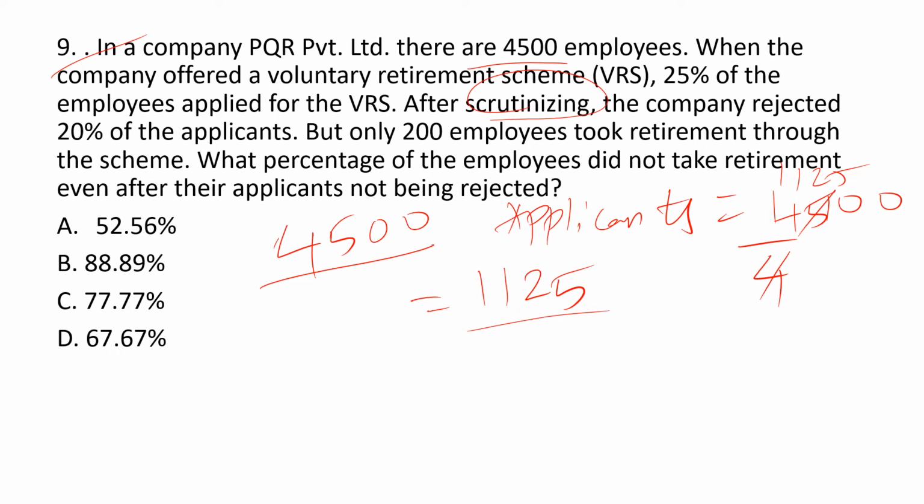And after scrutinization, 20% got rejected. 20% means 1/5. It's very clear. 1/5 of 1125, we get, sorry, it's 225.